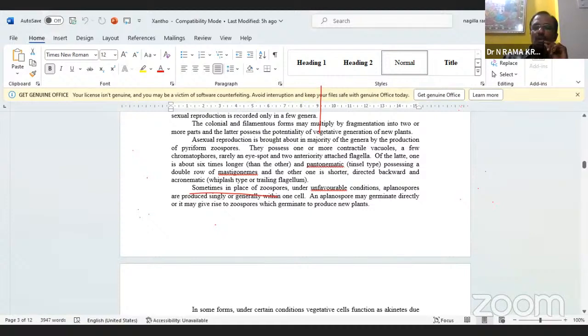The chromatophores are discoid, and there are no pyrenoids. The pigments characteristic of Xanthophyceae, chlorophyll A, chlorophyll E, carotenoids, and xanthophylls, are present in this xanthophytic alga. Chlorophyll B, a typical pigment of Chlorophyceae, is absent in this genus.